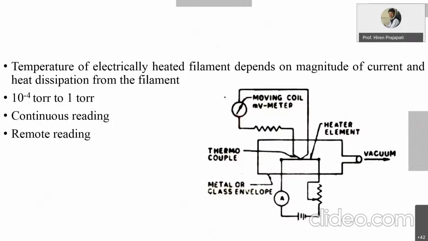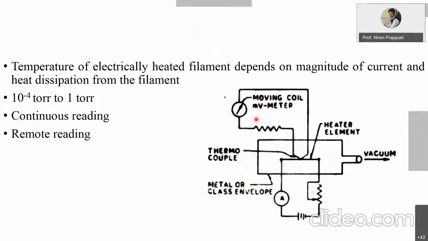So this is the arrangement. We have a vacuum chamber in which we fill our source vacuum whose pressure we want to measure. Here we have the filament, and this filament is continuously heated by a constant current source. Now to measure the temperature of this heated filament, we are using a thermocouple. As you already know the principle of thermocouple, based on the EMF we can measure temperature.